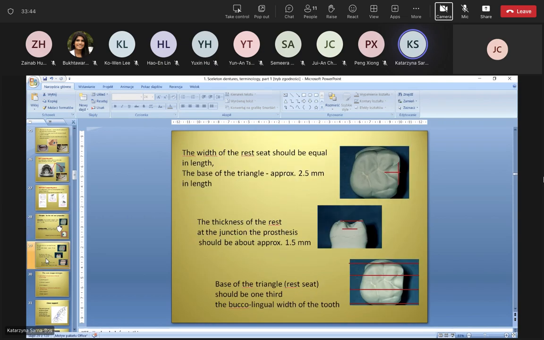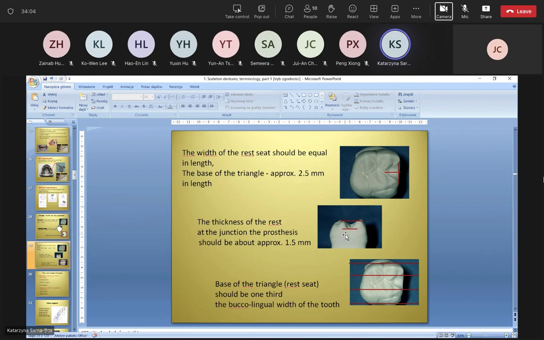The width of the rest seat should be equal in length. So the width is equal with the length. And the base of the triangle is approximately 2.5 millimeters in length. The thickness of the rest at the junction with the prosthesis should be approximately 1.5 millimeters.